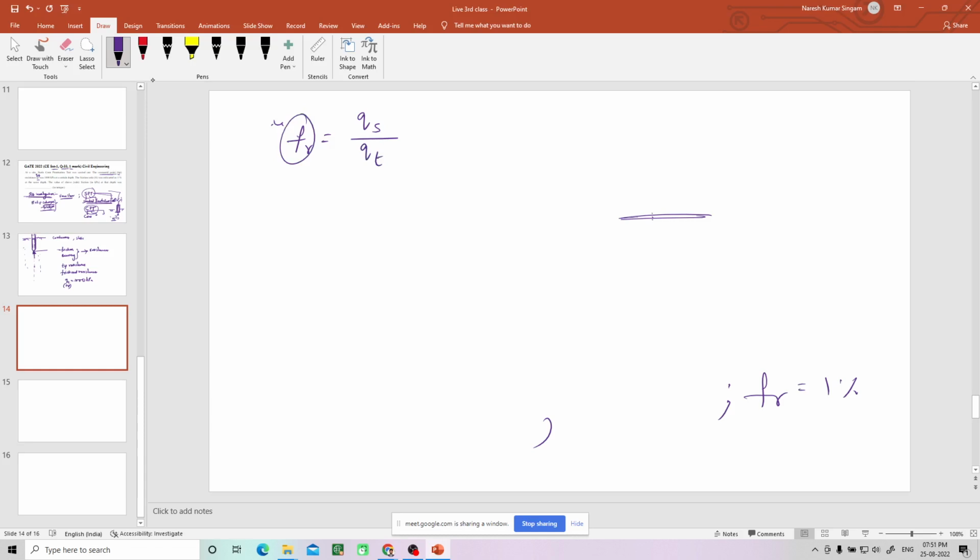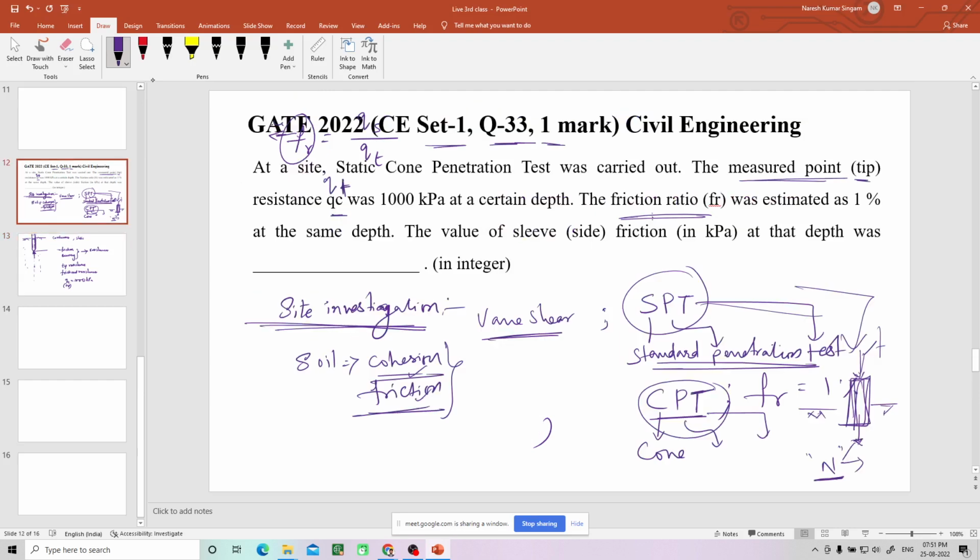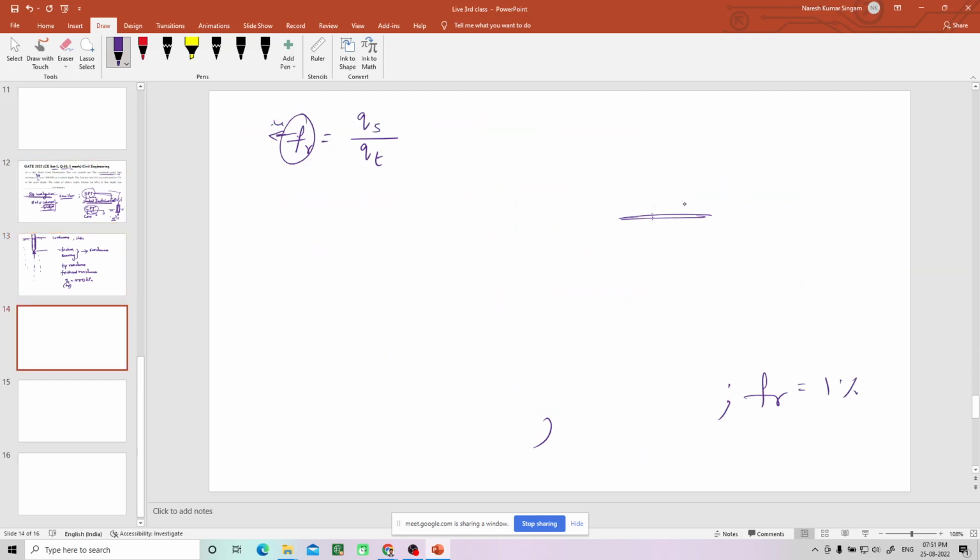See, the name itself is frictional ratio, right? That means you should remember that frictional resistance will come above. So that's how the formula is.